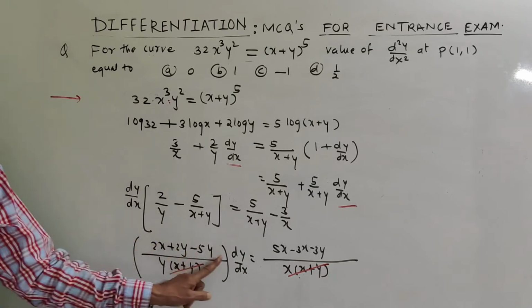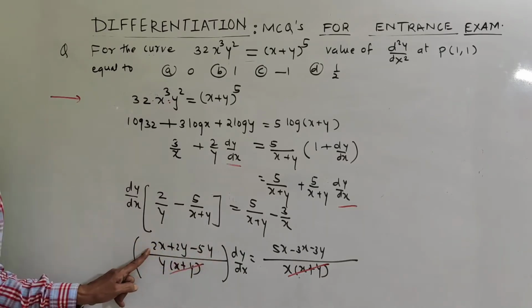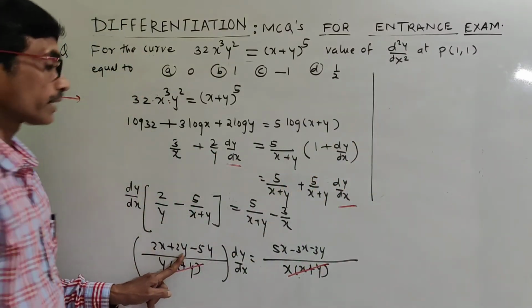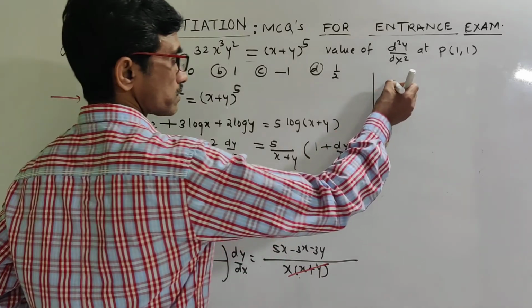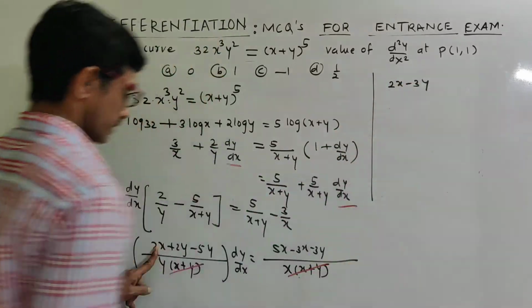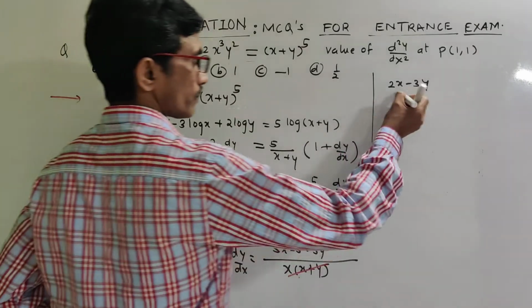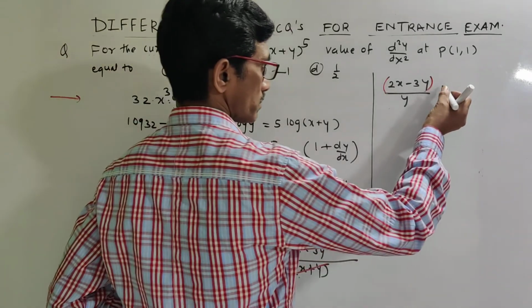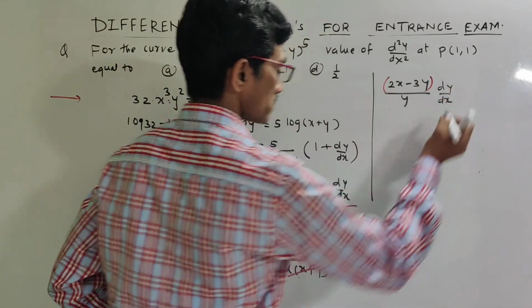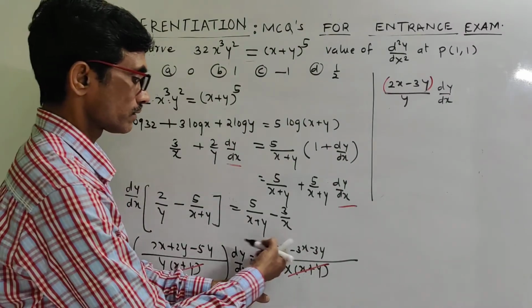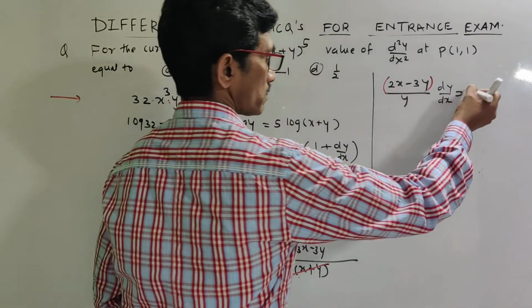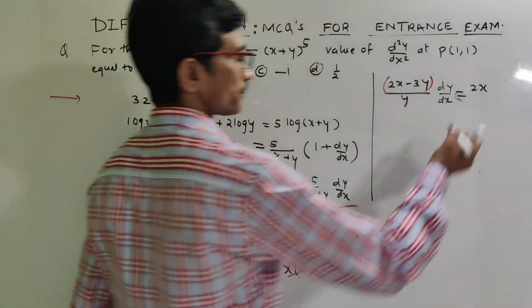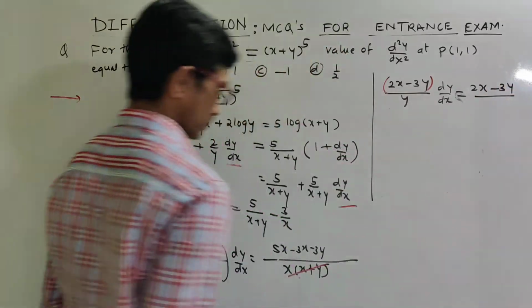Here from numerator minus 3y and 2x is there. 2x minus 3y we will write here upon y into dy by dx, right hand side is this 2x minus 3y upon x.